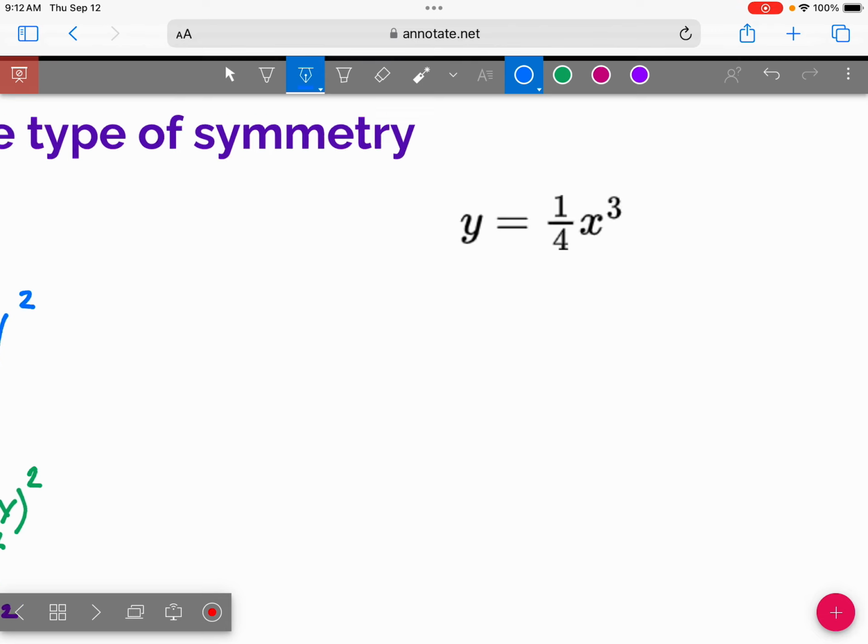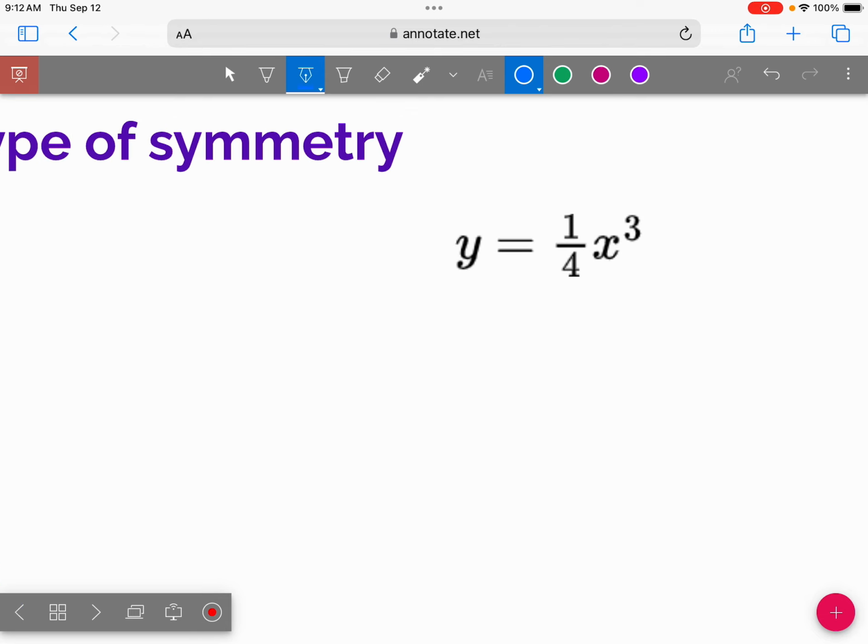So we're going to do our y symmetry test first. That's when I replace my x with the opposite of x. We're going to have y equals 1/4 times the opposite of x cubed. Sorry, this was our y symmetry test.